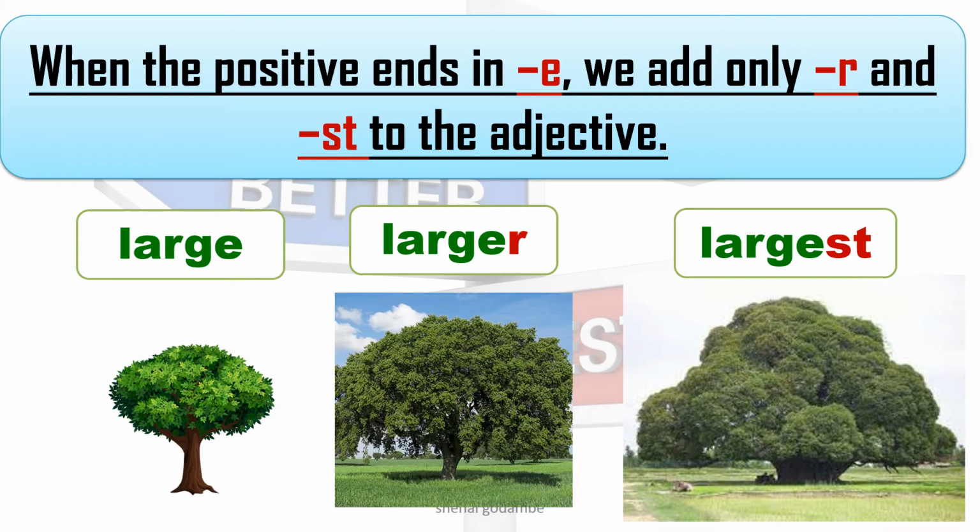Large, L-A-R-G-E, E was there at the end of this word and we have just added ST. So that is the rule. When the positive ends in E, we add only R or ST to the adjective while forming comparative and superlative degree.